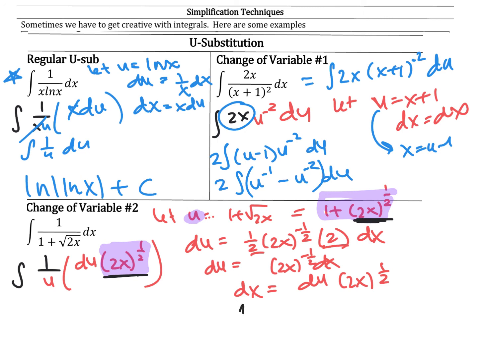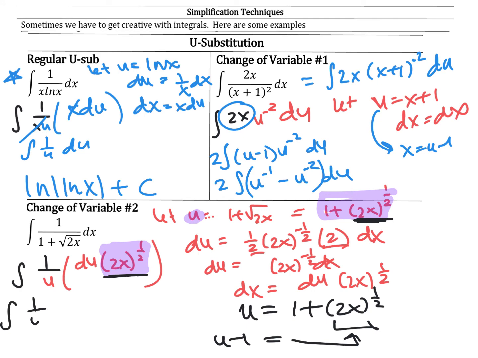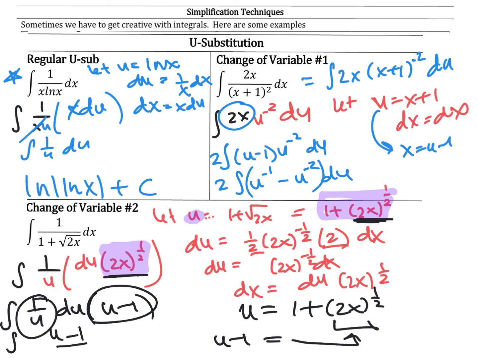So if I solve u equals 1 plus 2x to the power of 1/2 for this piece, I would just get u minus 1 equals this. So I could rewrite this as the integral of 1 over u du times u minus 1. And then I could simplify that. If I just multiply these two things together, that would end up giving me u minus 1 over u, or u minus 1, let's write this to the negative first power, du. We could simplify that and follow a similar process as we did for change of variable number 1.